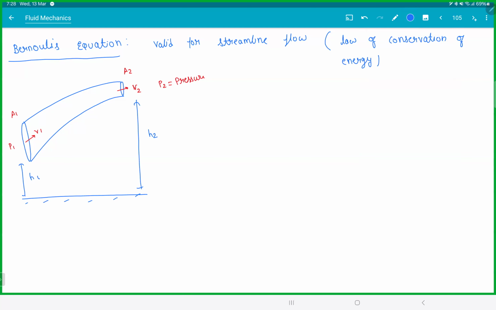Here we know the equation of continuity: A1 V1 is equal to A2 V2. So this is nothing but A1 dx1 is equal to A2 dx2. You can just divide by dt, then you can remove that.